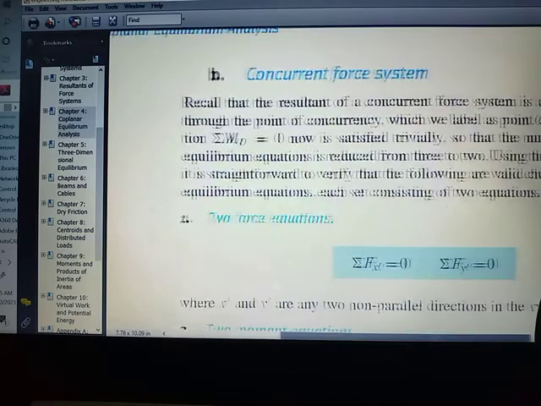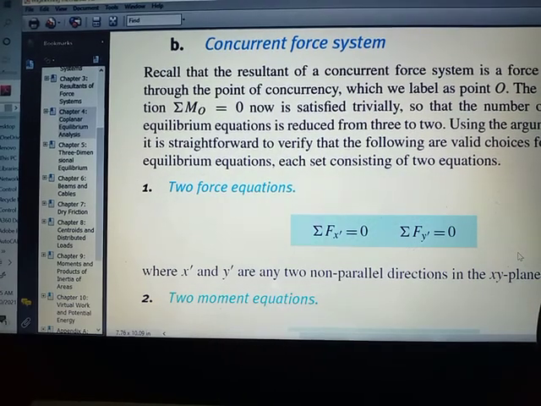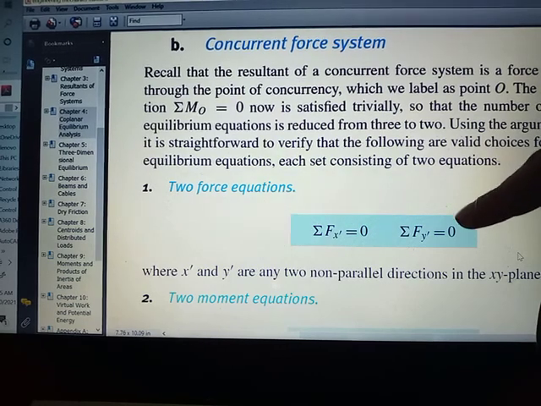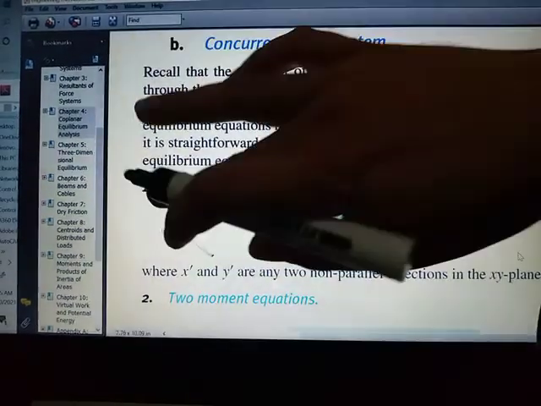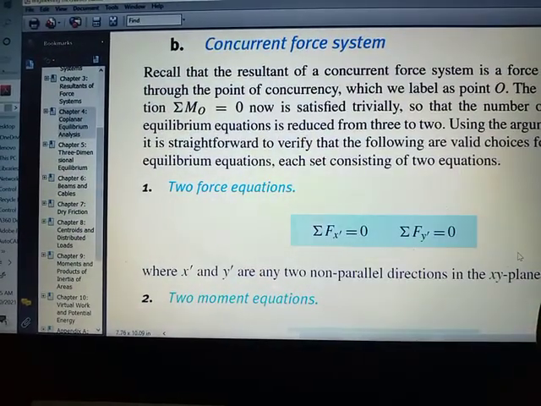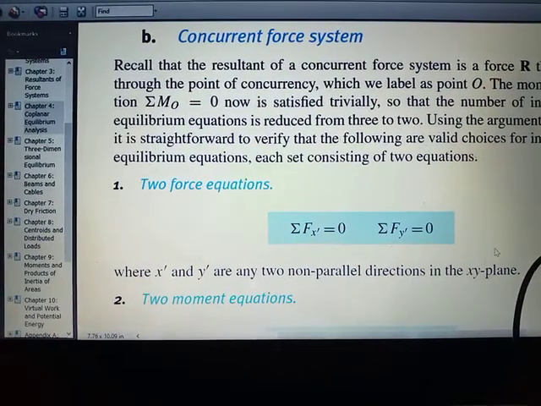Okay. So, for concurrent forces system, pwede kang gumamit ng yung dalawang equation lang. Yan. Arbitrary x and y axis. So, just like what I said, itong kapag may x bar and y bar, okay, so kapag may x bar at y bar, yung x and y axis mo is posible nakatagilid, okay?